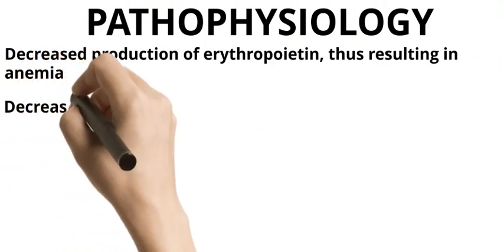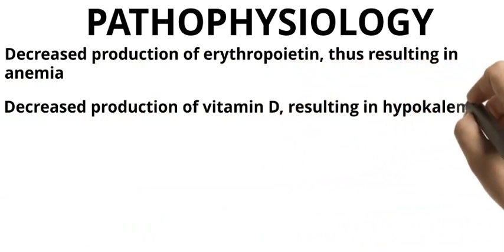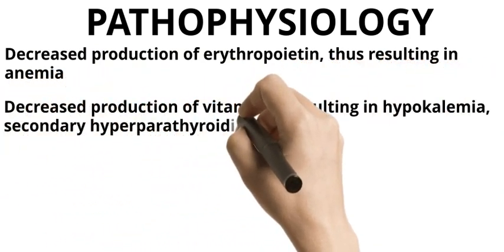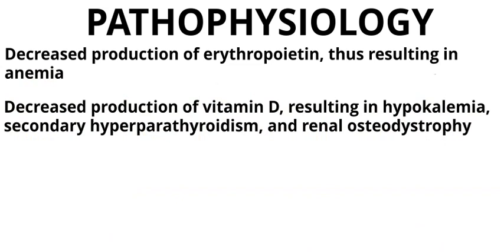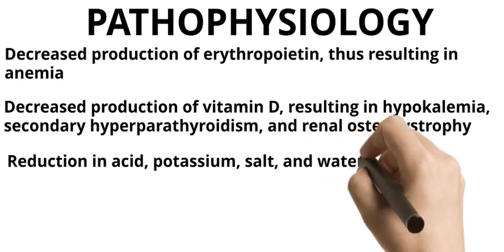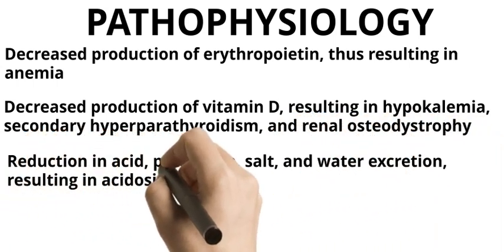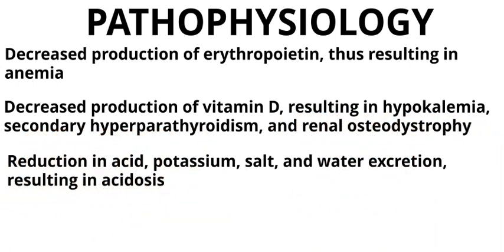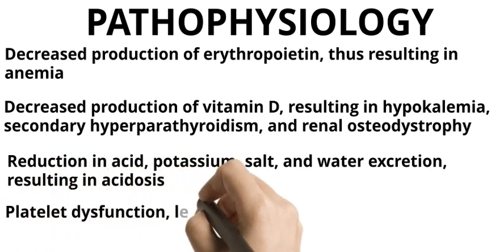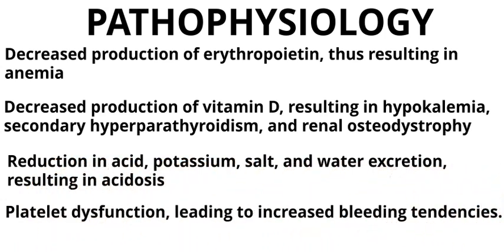Decreased production of vitamin D, resulting in hypocalcemia, secondary hyperparathyroidism, and renal osteodystrophy. 3. A reduction in acid, potassium, salt, and water excretion, resulting in acidosis. And then lastly, platelet dysfunction, which leads to increased bleeding tendencies.